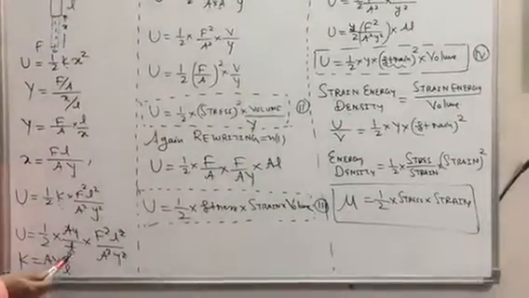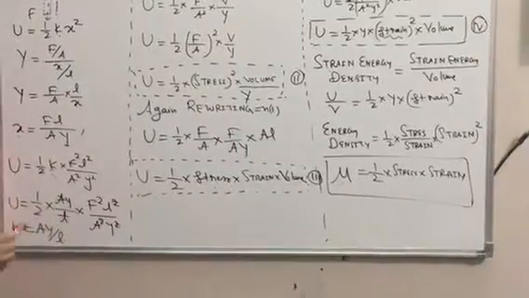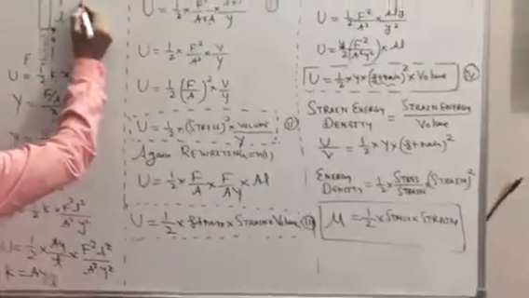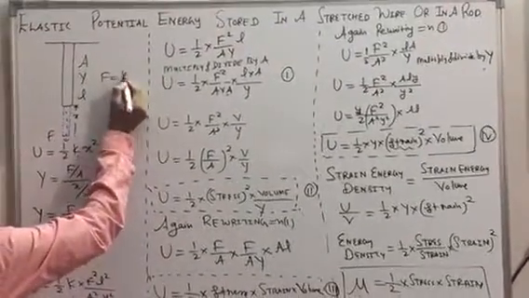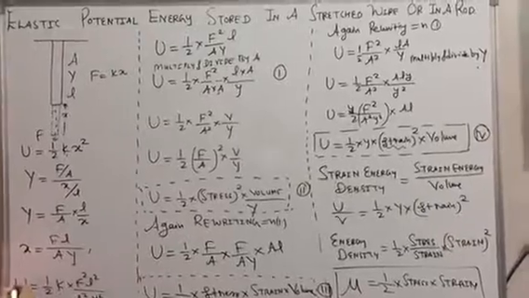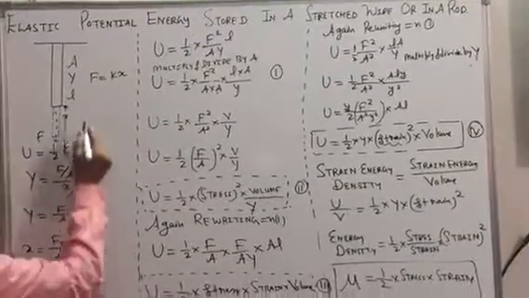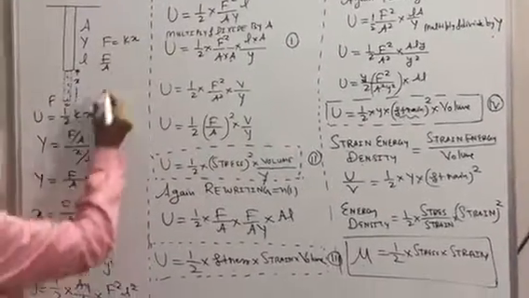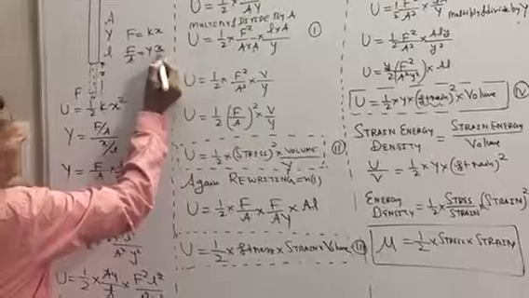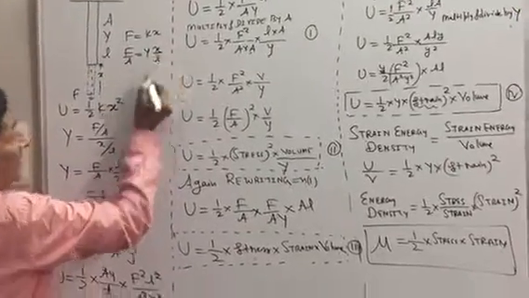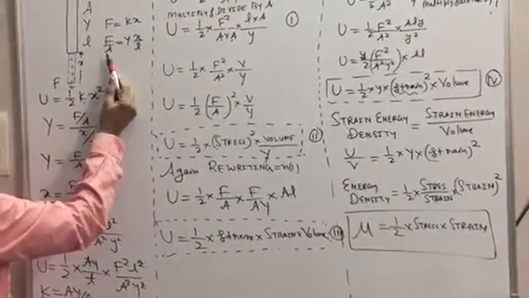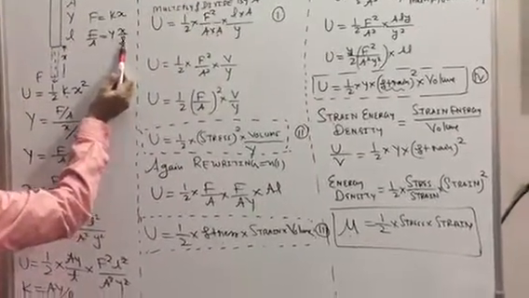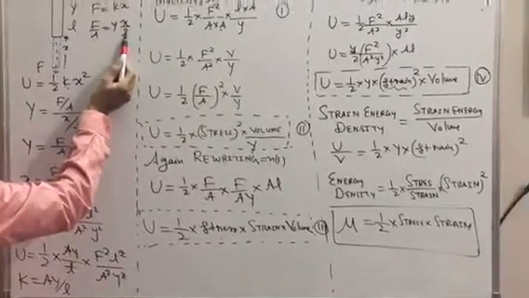Now you will ask, how AY upon L? I have just told you that F is equal to Kx. I have also told you F upon A, that is stress, is Y times X upon L. Hooke's law: stress is proportional to longitudinal strain, or stress is Y times X upon L, that is longitudinal strain.